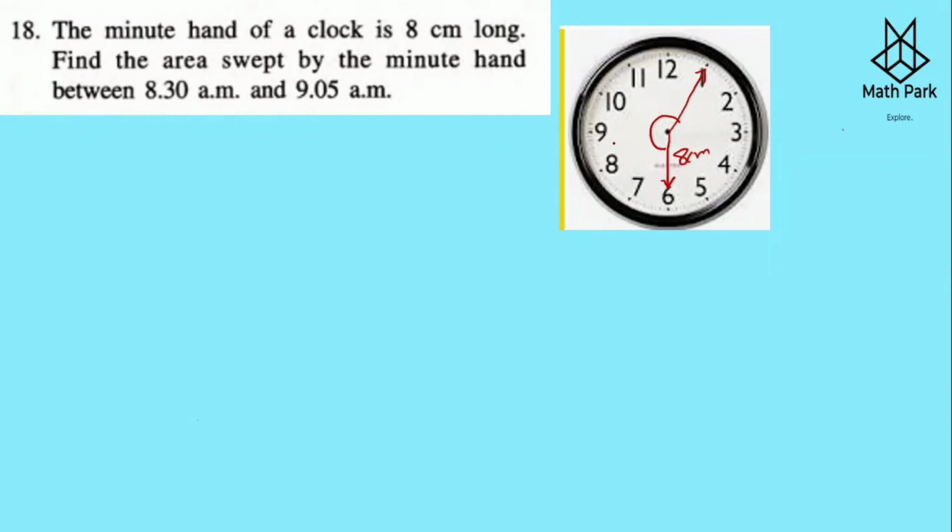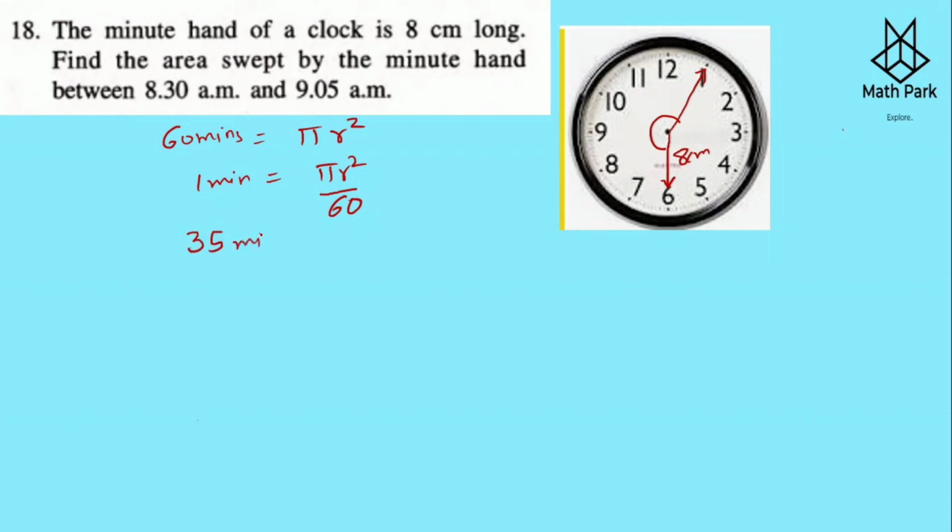So in 35 minutes, the minute hand will not take one complete revolution. In 60 minutes, it will make one complete revolution, covering the area of pi r square. So in 1 minute, it will cover the area of pi r square divided by 60. And we have to find the area covered in 35 minutes.